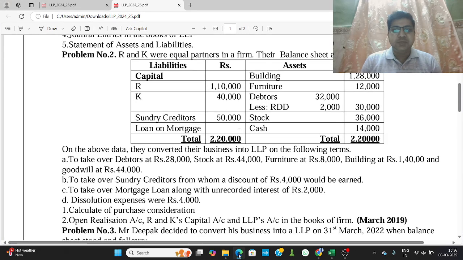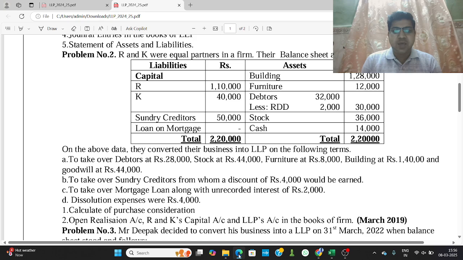Everyone has the PDF. Bring the PDF in front of you and see problem number 2. R and K were equal partners in a firm. Their balance sheet as on 31st March 2022 is as follows.